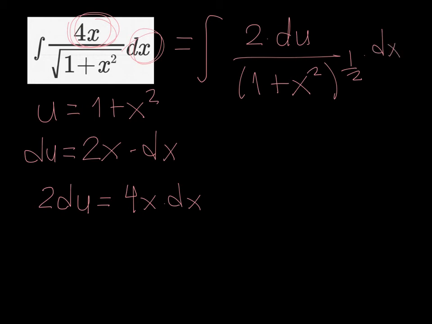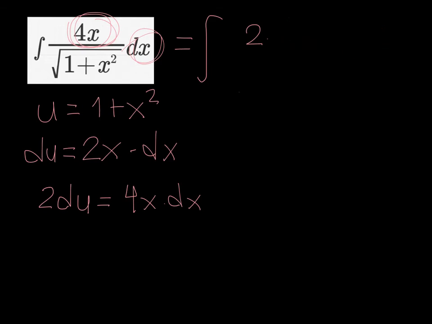Or, let me rewrite this. I think it's better if we write this as 2 times u to the negative 1/2 times du, because the 2 of the du is written here.